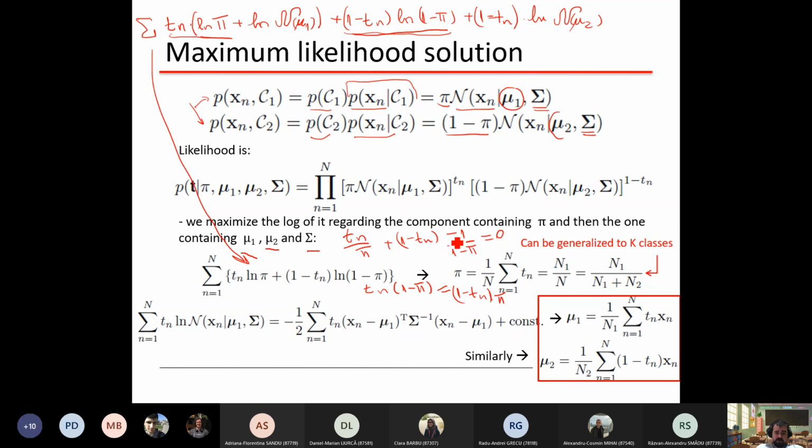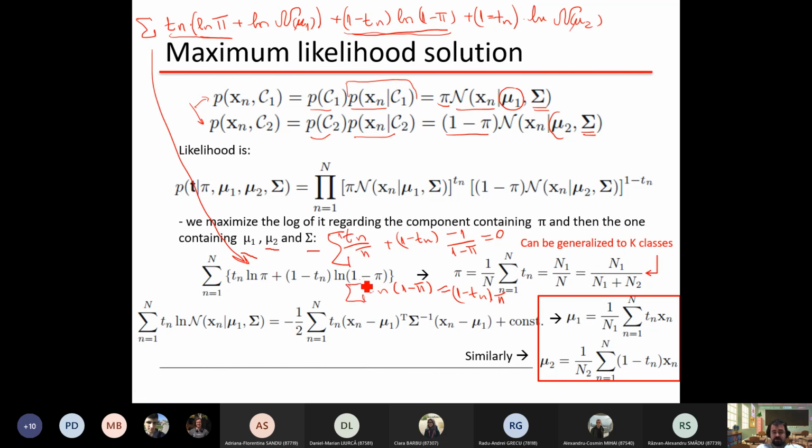Because of this minus, I take the second term to the right of the equal, and I'll have Tn divided by pi is 1 minus Tn divided by 1 minus pi, and then I multiply cross terms, and we get Tn multiplied by 1 minus pi equals 1 minus Tn multiplied by pi, which means that in the end, of course, there is also summation of these terms.